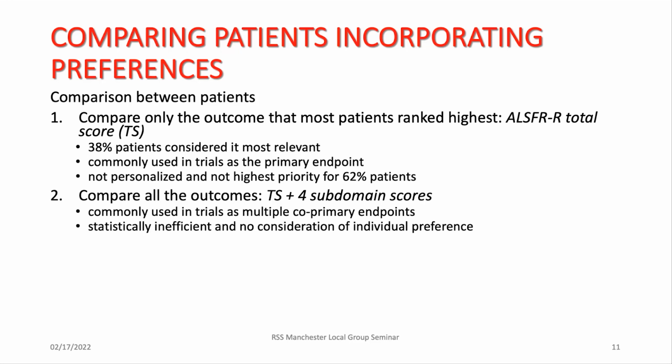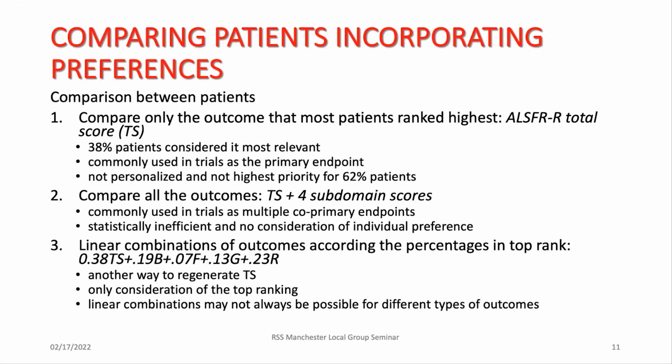The other way is to compare the total score, and then also compare the 4 subdomains. That's what we usually do. We have primary endpoints and secondary endpoints, so there is an issue of multiple comparison here, and statistically it may not be efficient.